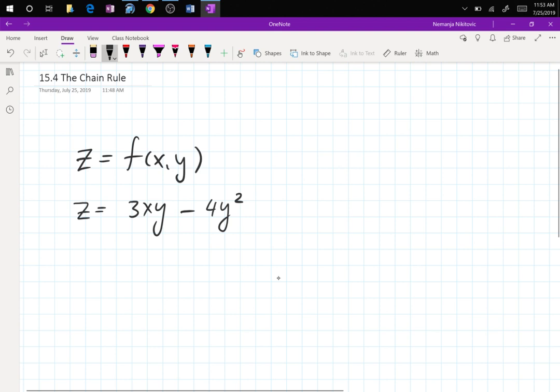Now this is a multivariable function with two input variables which sit in the domain and one output variable which sits in the range. Now, does this prevent me from having more than these two input variables? No, we're talking about a multivariable function.